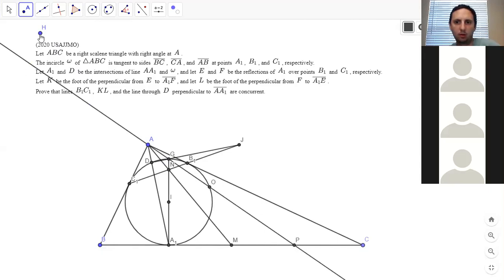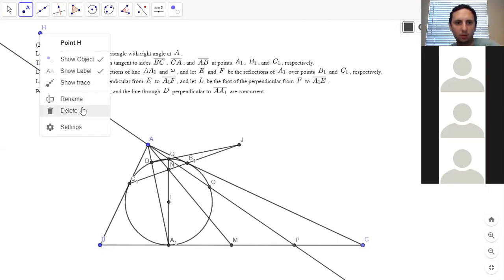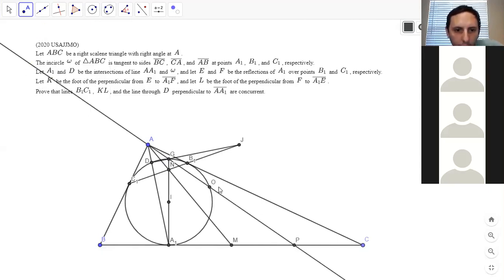So does it lie on A1G? Does what lie on A1G? J. Oh, J. Whoops, sorry. I'm just reading C1, B1, and J. Interesting. Yeah, it does. So project C1, B1, N, and J through G.